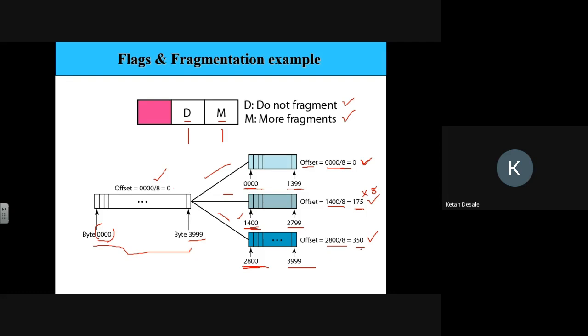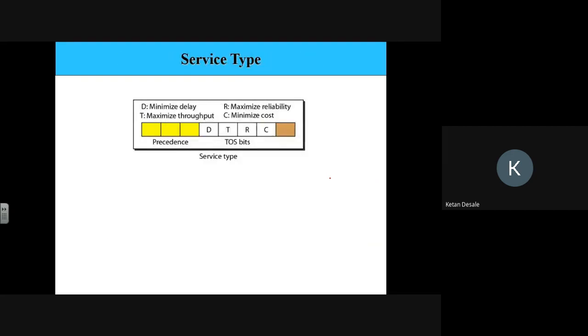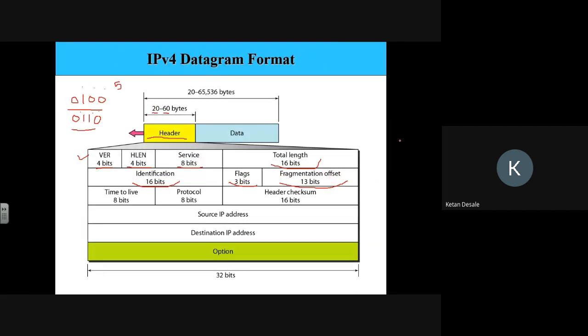In the last one, 350 multiplied by 8 gives 2800, which is the starting value. That is why, to find the starting value of a fragmented packet, the fragmentation offset value plays a very vital role, and 13 bits are reserved for it.